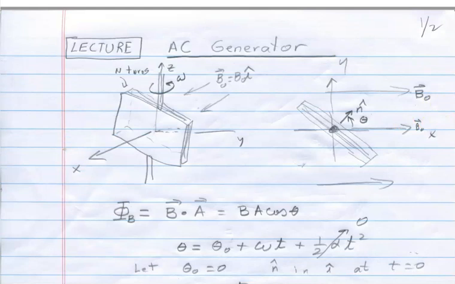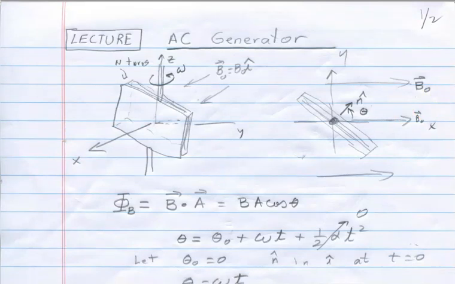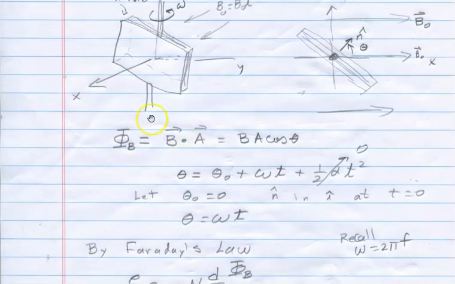As in Faraday's law, we have to compute the magnetic flux cutting the coil, or one of the coils in this multi-turned coil. And remember the magnetic flux, if the magnetic field is constant and the area is a constant vector, becomes very simple. B dot dA is just the magnitude of B, the magnitude of the area, times the cosine of theta.